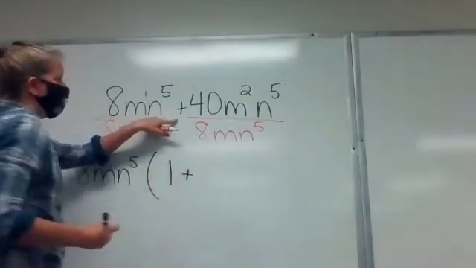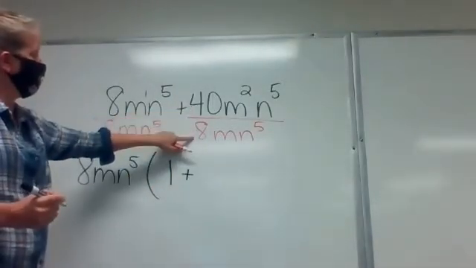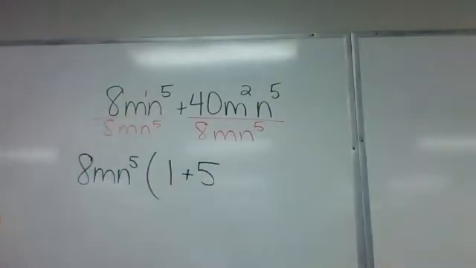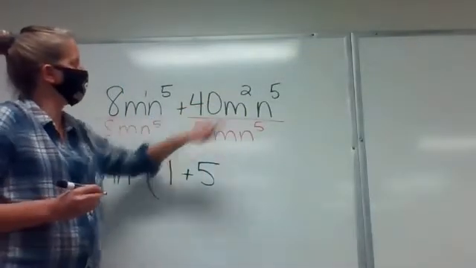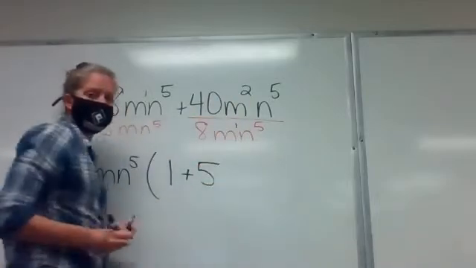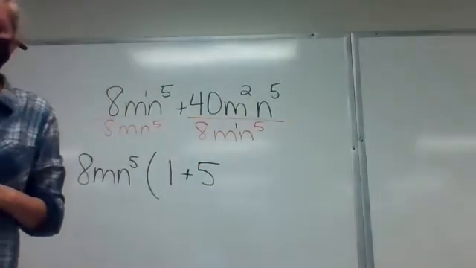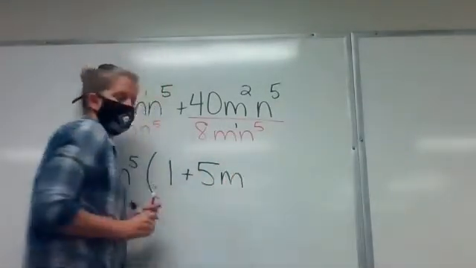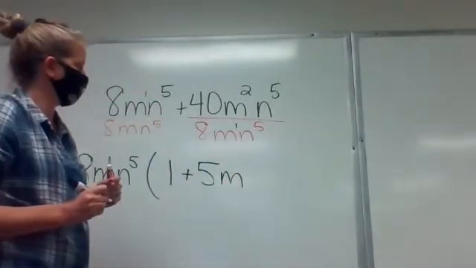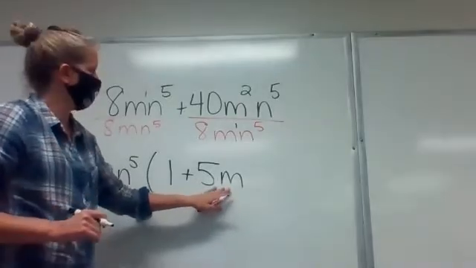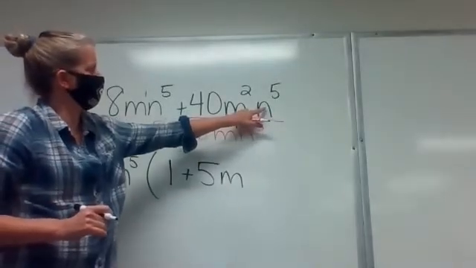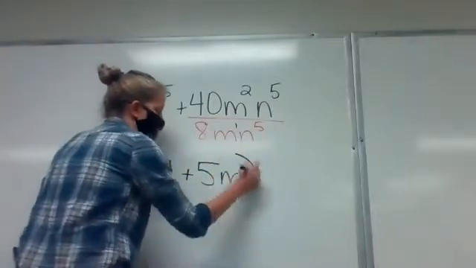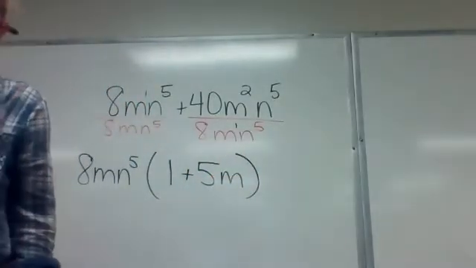Plus, divide here, 40 divided by 8 gives me 5. Let's see, when you divide your m's, you've got m squared up top, m to the first in the bottom. So if you divide that and subtract your exponents, you'll be left with m. What happens to your n's? n to the fifth, subtract those exponents so you don't have any n left. So close your parentheses.